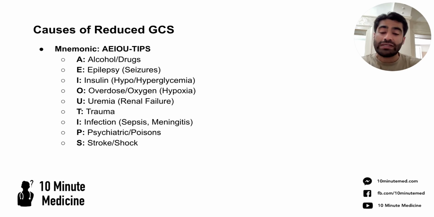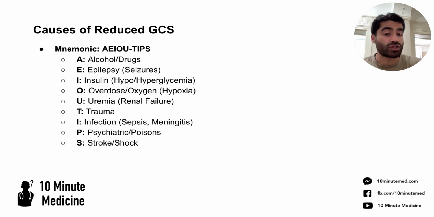So looking at causes, this is one of the mnemonics, just going through the vowels of the alphabet, A, E, I, O, U, tips. And we've got them all listed here. So alcohol and drugs can reduce GCS, seizures and seizure activity. Insulin is a good one to remember. So hypo or hyperglycemic states, they're both important, can both present differently.